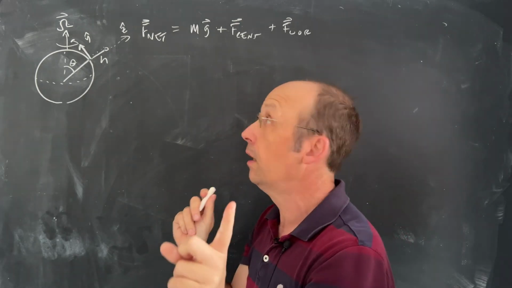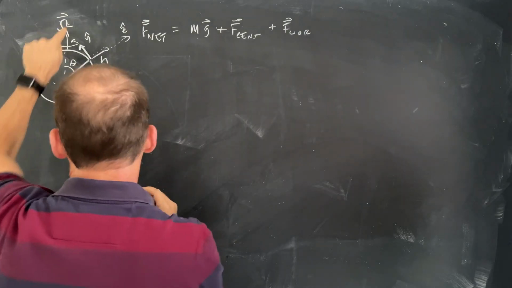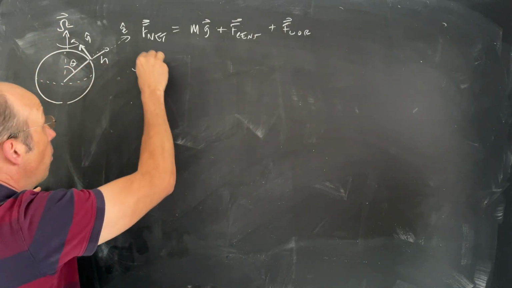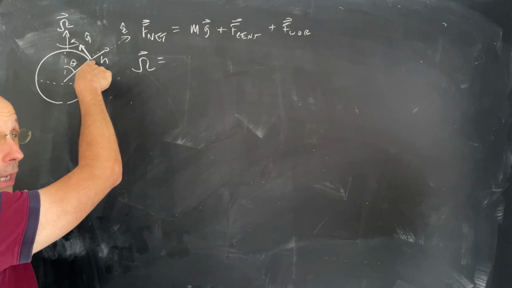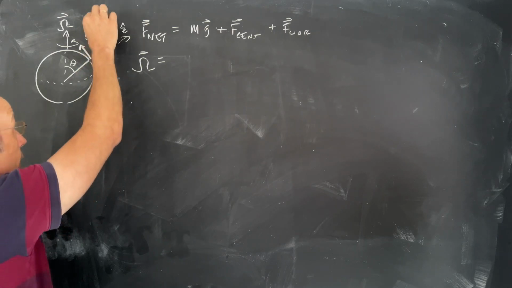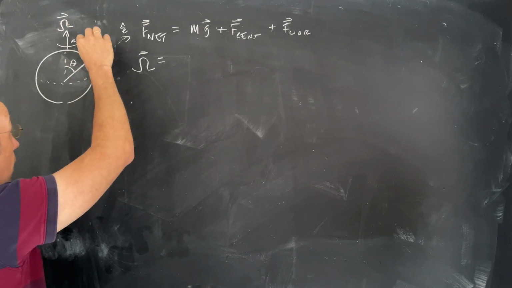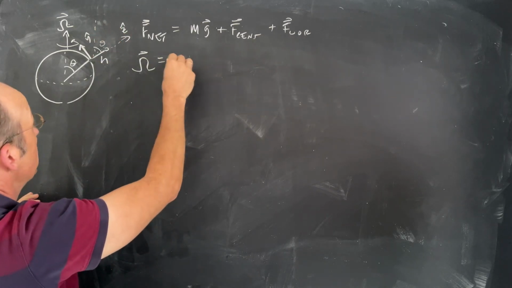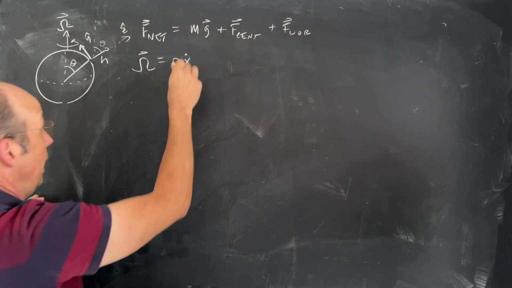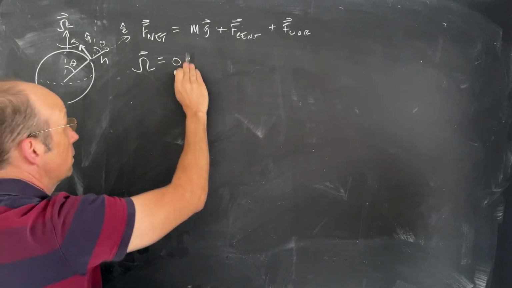Let me write down a couple things. First, let's write this angular velocity vector, omega, in this coordinate system. If I move that angle right there, then this is the angle theta. So I can write omega as 0 x hat, because it's not in the x direction.